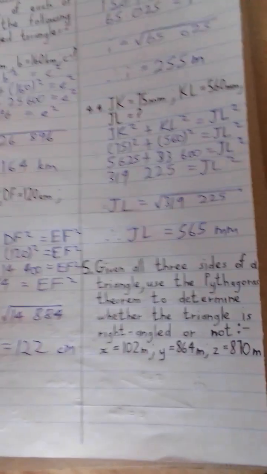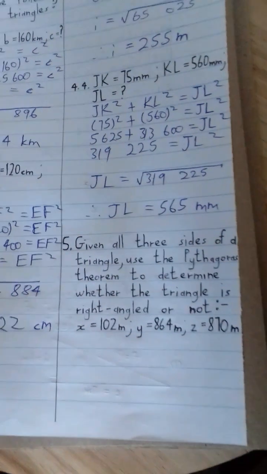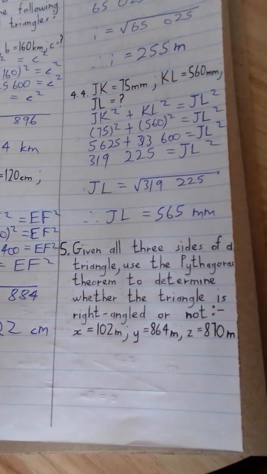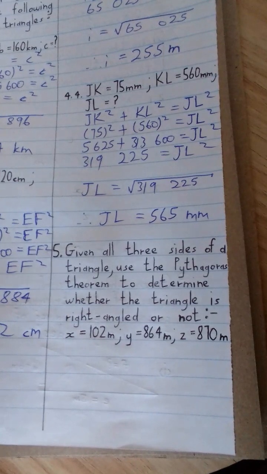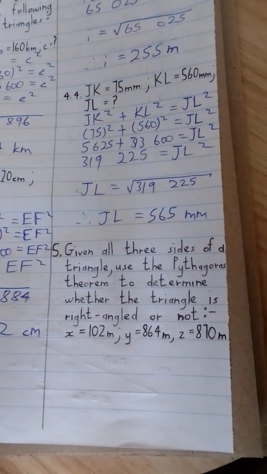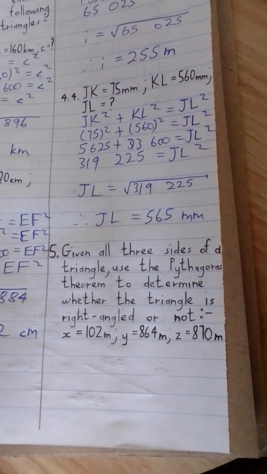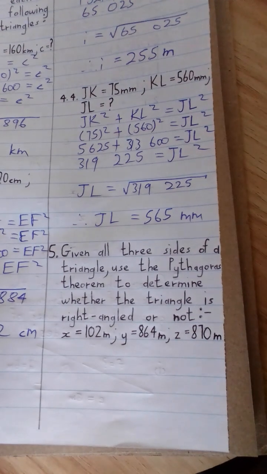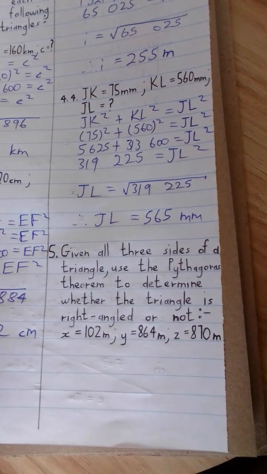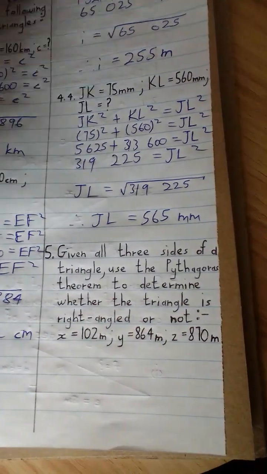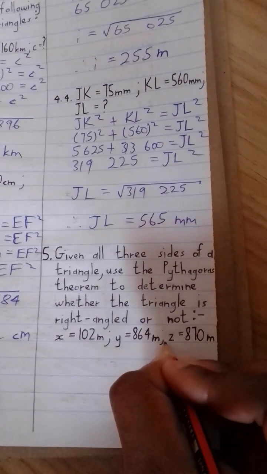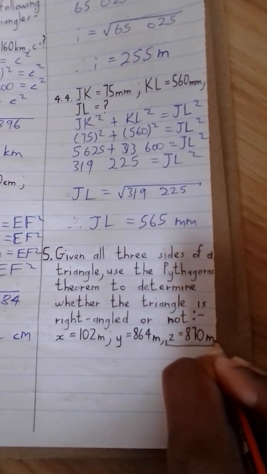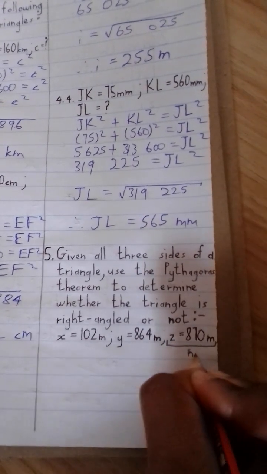Okay, number 5. Given all three sides of a triangle, use the Pythagoras theorem to determine whether the triangle is right angled or not. So x is 102 meters, y is 864 meters, z is 870 meters. So the longest side is the hypotenuse side. So we take this to be the hypotenuse.